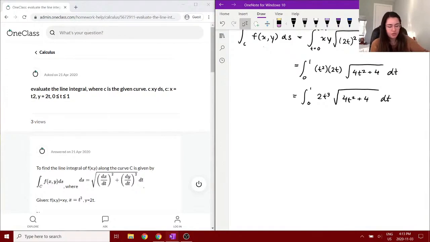Actually, there's one more thing that we can do to simplify this even further, is we can factor out. We can see that there's a 4 here and a 4 here. If we factor those out, we might be able to make it a little bit simpler for ourselves. So we have, I'm just writing out in a lot of steps so that you can see exactly what's going on here.